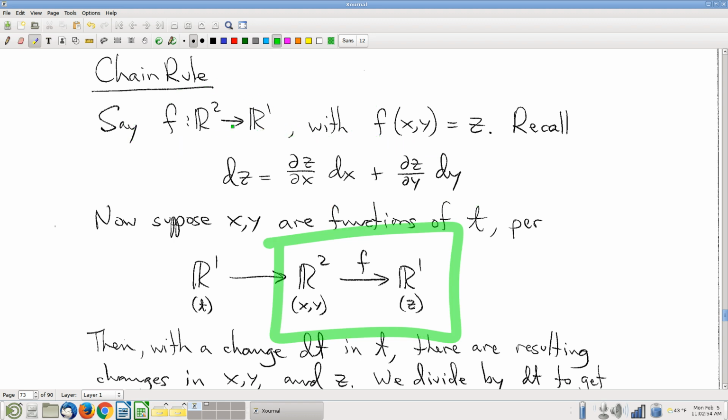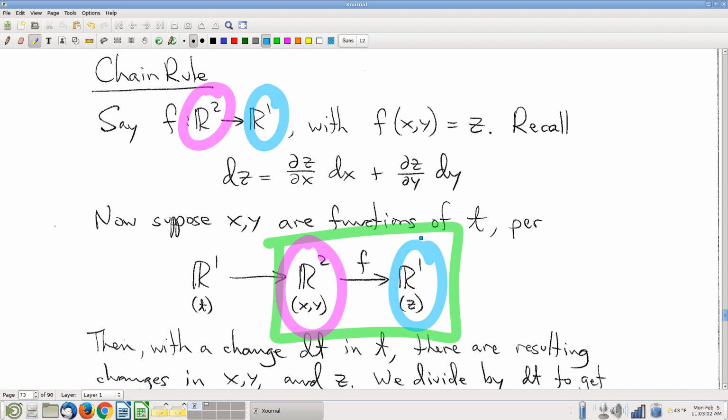You can see, R2 to R1: R2, variables x and y, output R1, variable z. In the domain, in R2, you can see we have these differentials dx and dy, and we're computing dz there in the target.